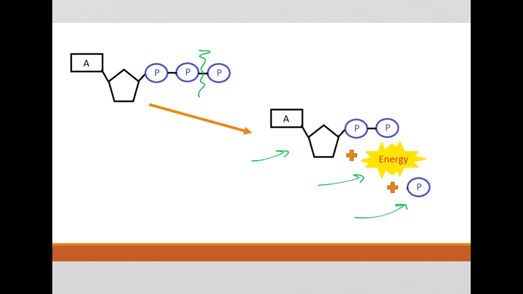and a separated inorganic phosphate, and you typically see this with a lowercase i next to it to represent the fact that it is inorganic. Let me write that in. Inorganic.